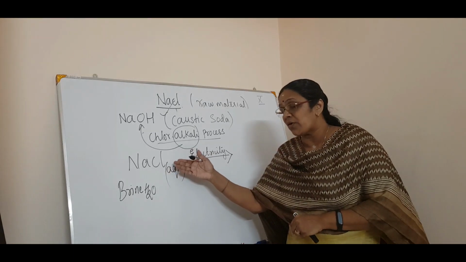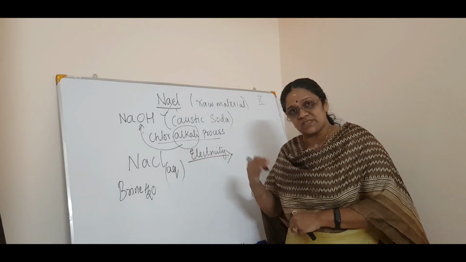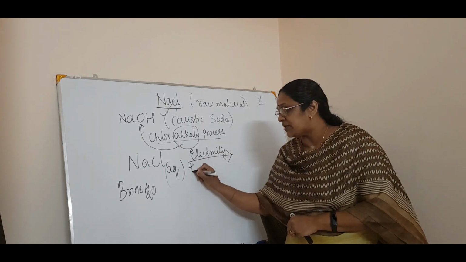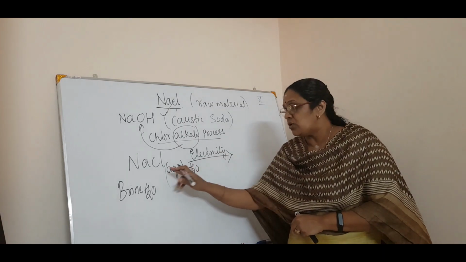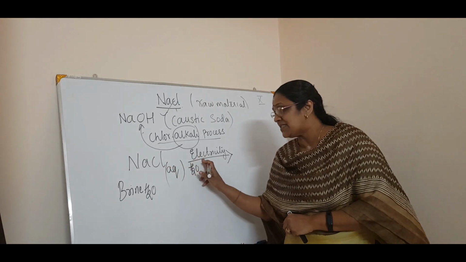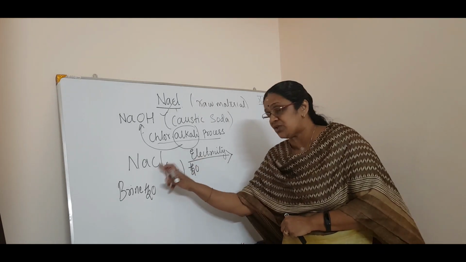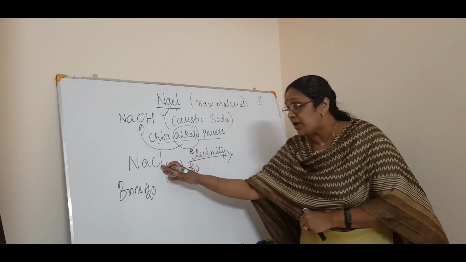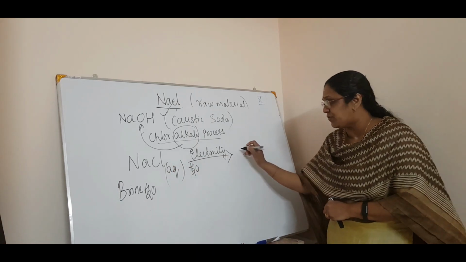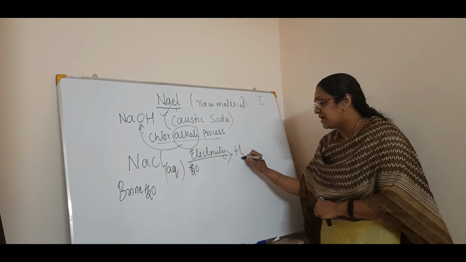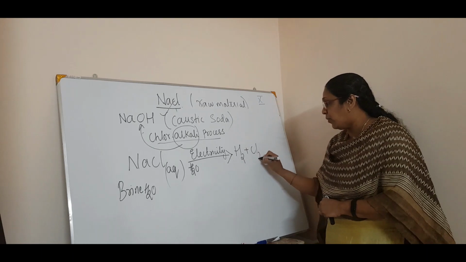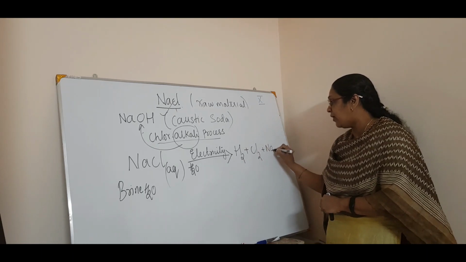This sodium chloride gets decomposed. Aqueous means there is water, right? So on passing electricity through an aqueous solution of sodium chloride, the sodium chloride decomposes to form what products? Hydrogen plus chlorine plus NaOH.